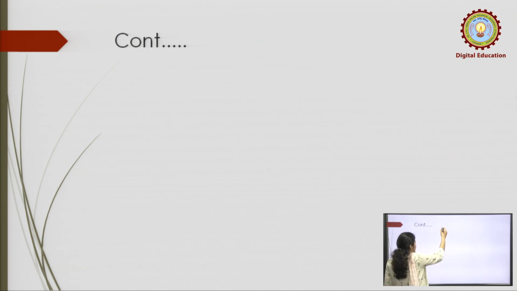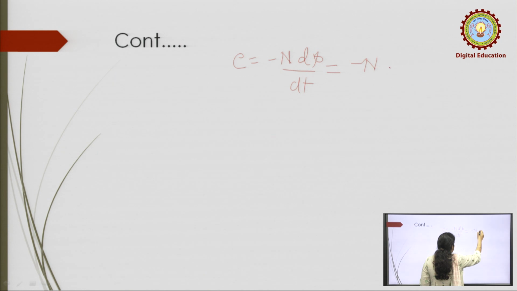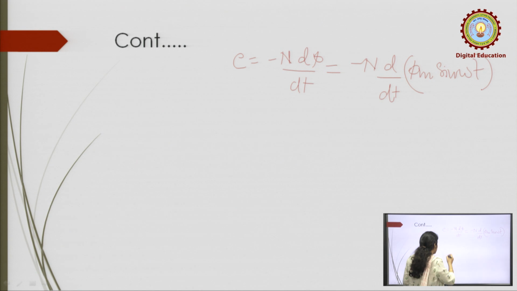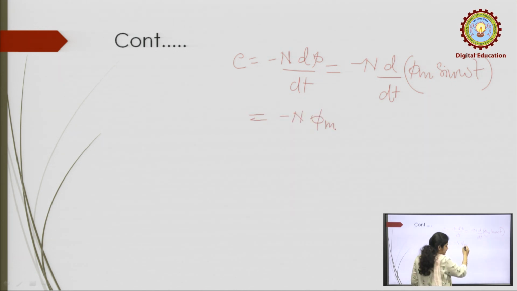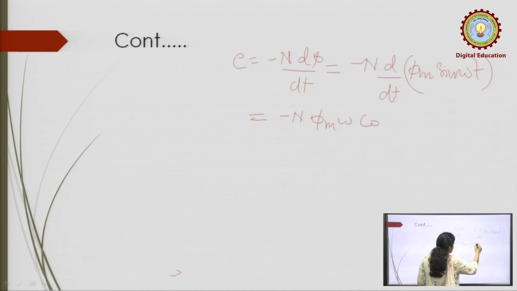Put the value of d phi by dt, where phi is phi m sin omega t. It can be written as N phi m omega cos omega t.